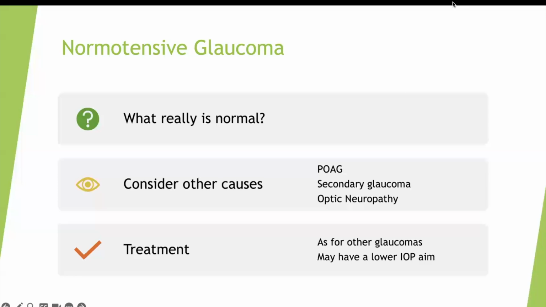The things that can help you ascertain what might be going on is laterality. If you have a completely unilateral disease, it's unlikely to be glaucoma. Glaucoma tends to be bilateral but asymmetric. So it's quite unlikely that you're going to have an advancedly pale cupped disc in one eye with a completely healthy disc in the other, and it be glaucoma. Obviously, with secondary causes, it may well be.